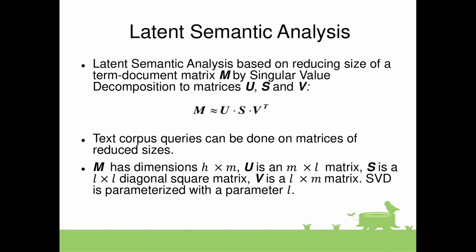This parameter allows us to reduce sizes of matrices, and also matrix S contains concepts which are represented by singular values, located in the main diagonal of this square matrix. They are ordered, and the most important concepts have higher singular values.